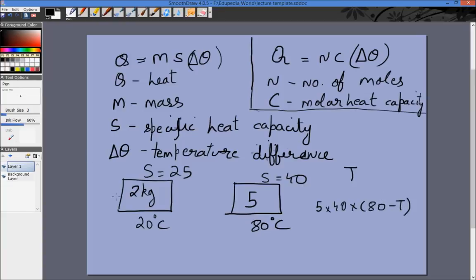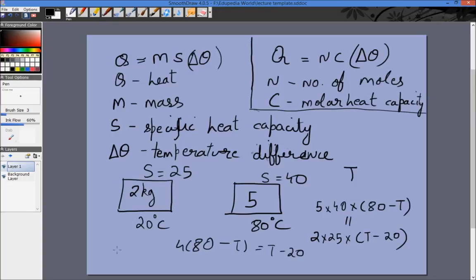The heat absorbed by this 2 kg block of aluminium would be 2 into 25 into T minus 20. Right, this is the heat given, this is the heat absorbed. These both have to be equal if the principle of calorimetry were to hold. So what that gives us is 5 4s are 250, so 4 times 80 minus T is equal to T minus 20.